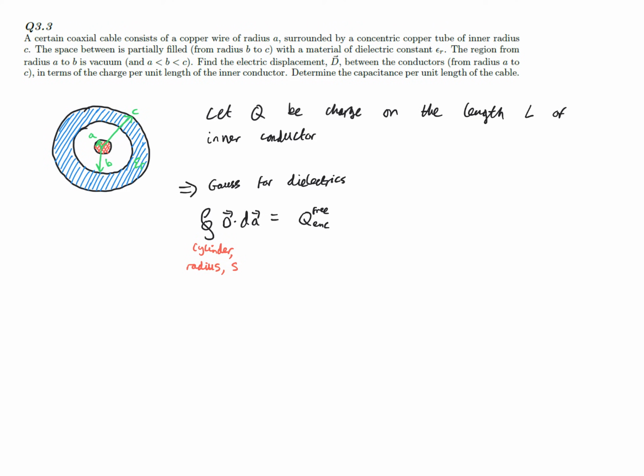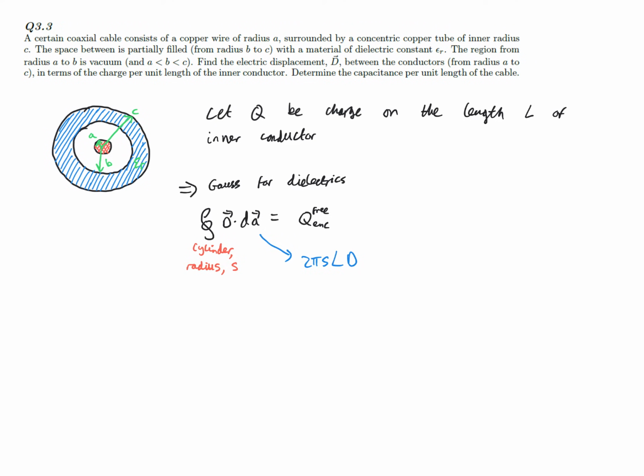And this object is easily computed. We can write this simply as 2 pi s times L, over a length L of the cylinder, times the electric displacement D. And that is because the electric displacement will be radial in the s hat direction, and the unit vector normal to our Gaussian surface is also in the s hat direction.